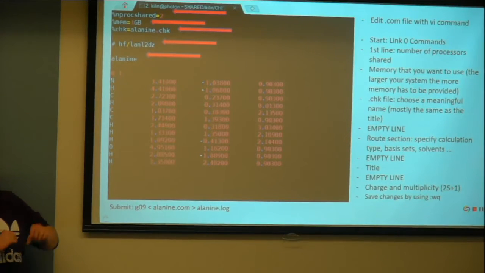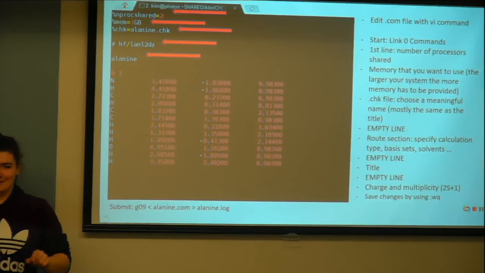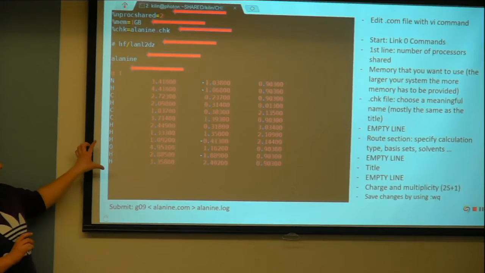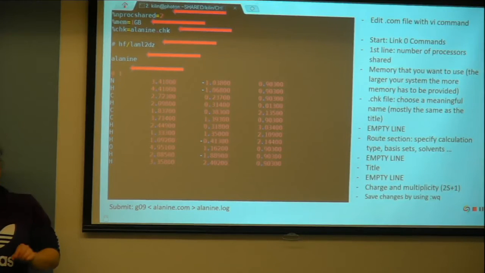And we have the job title. Then we have another empty line, which is really important. Before the coordinates, we specify the charge and multiplicity. We talked about that in the last lab. The charge is clear, and the multiplicity is 2 times the spin plus 1. So we just specify whether that's singlet, doublet, triplet.